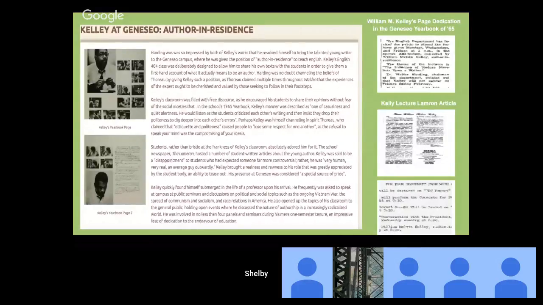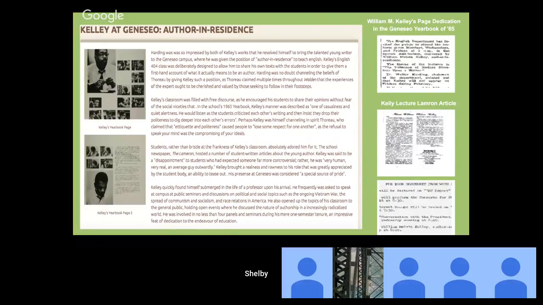So I had to do a little stretching here, and Thoreau was all about taking experience from people who've lived in a certain way, so that you can live that way yourself.